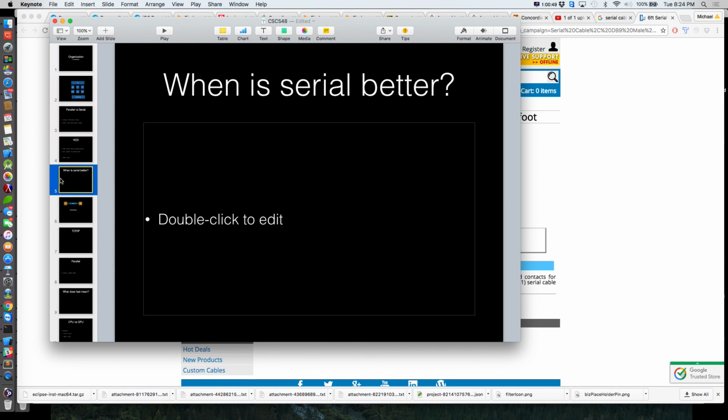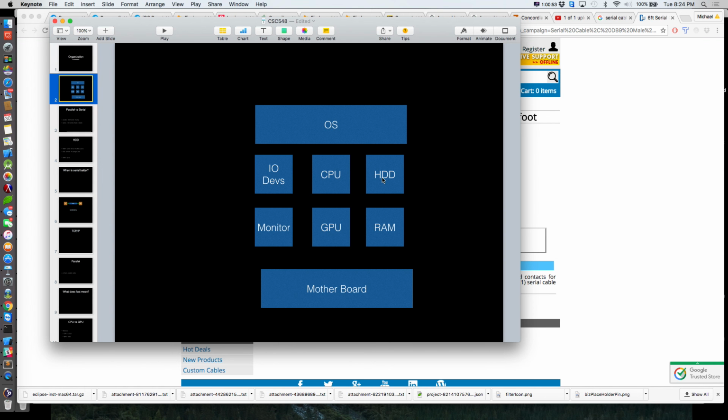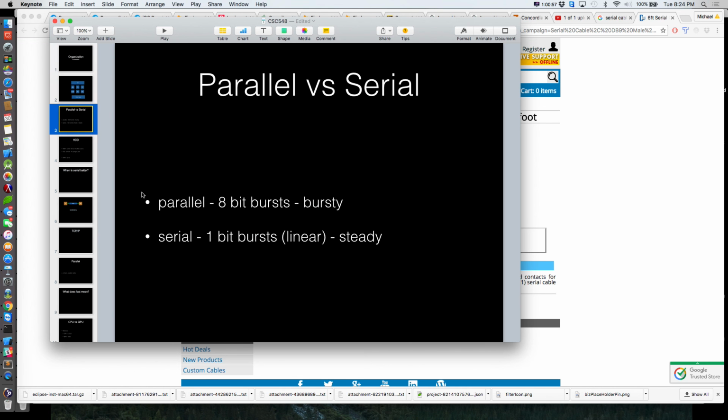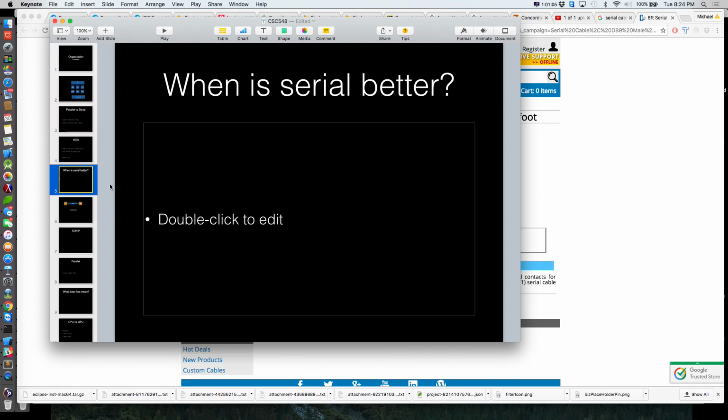All right, so let's see here. So that's HD, parallel versus serial in terms of IDE. To answer this question, when is serial better?